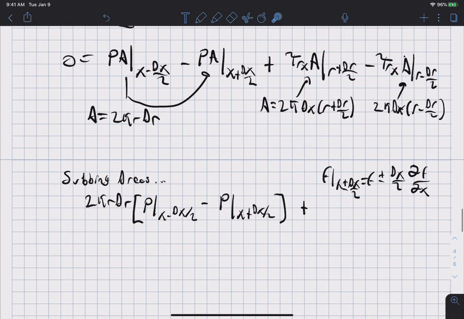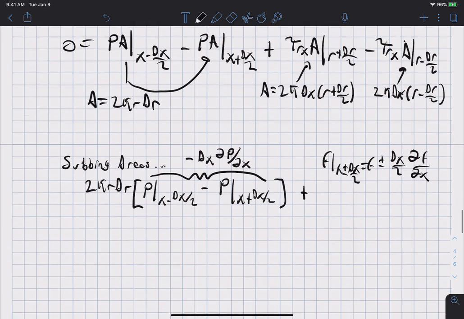Okay, and so as usual, if you did the Taylor series, you've probably seen me do it enough and you've done it yourself, probably more than you wanted. This term turns into minus delta x partial p partial x. Okay, and it's minus because normally we had the plus delta x on the left and the minus delta x on the right. Okay, and so that takes care of the pressure forces.